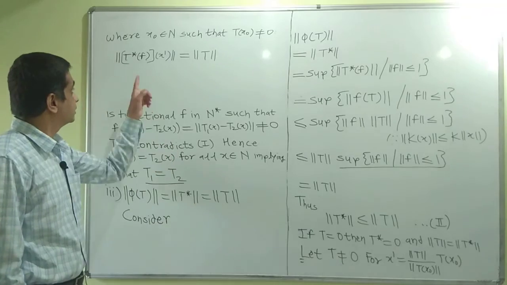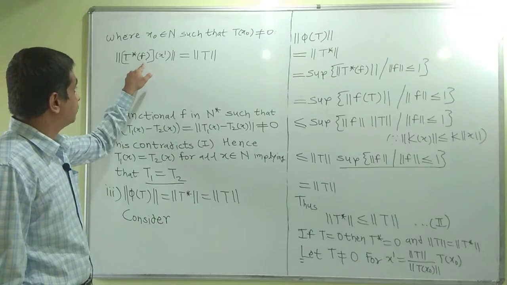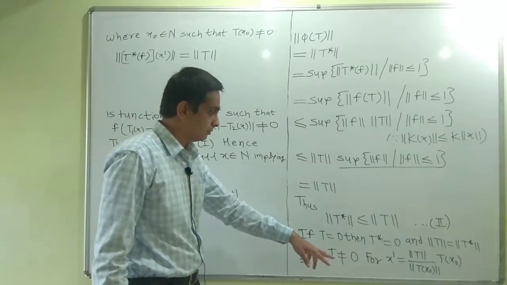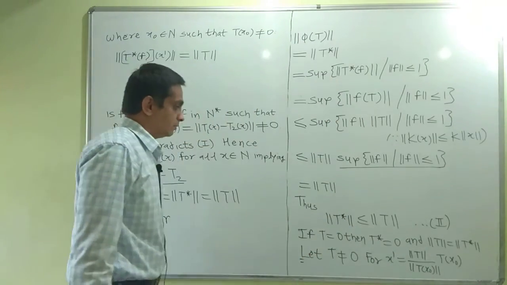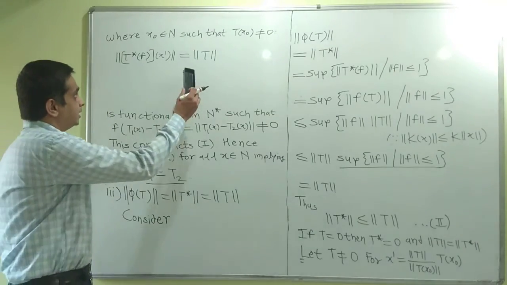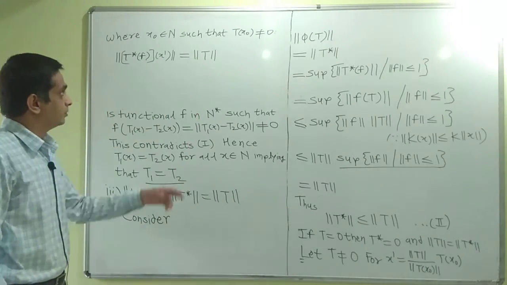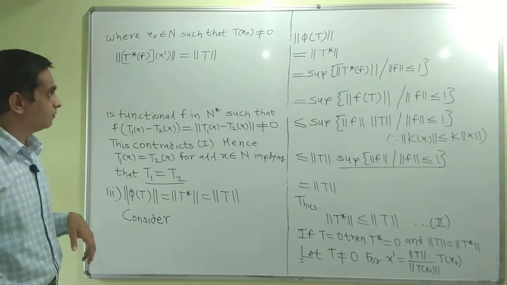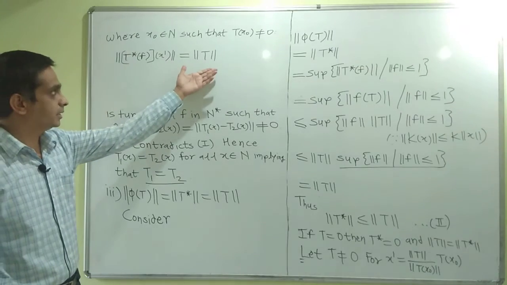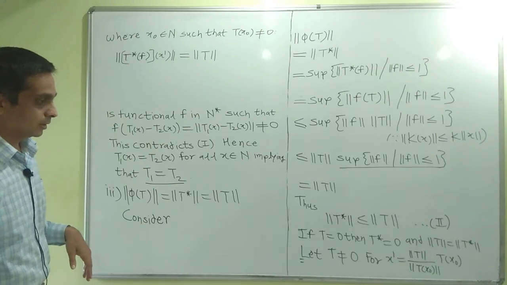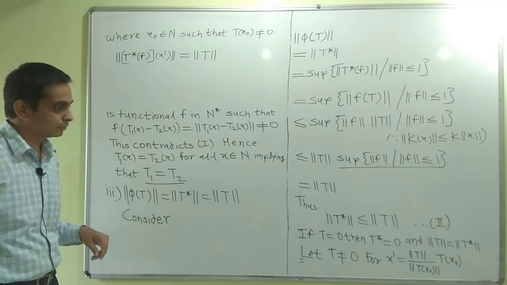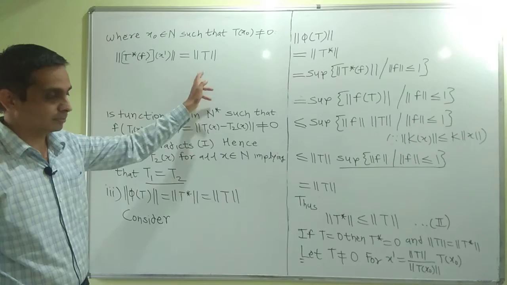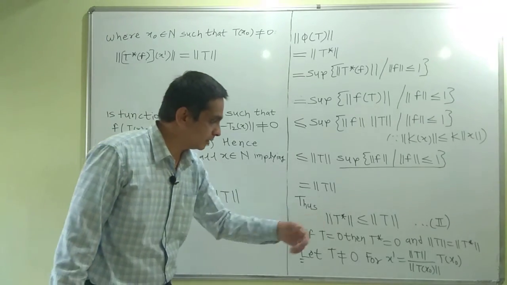So that will be actually f of T x dash, and f of T x dash equals this. T star of f x dash equals what? f of T x dash. So for clarity, you can verify this fact. It is just a matter of calculation.